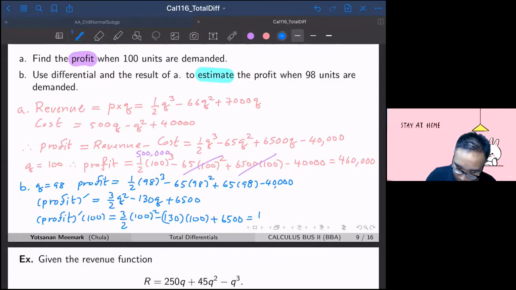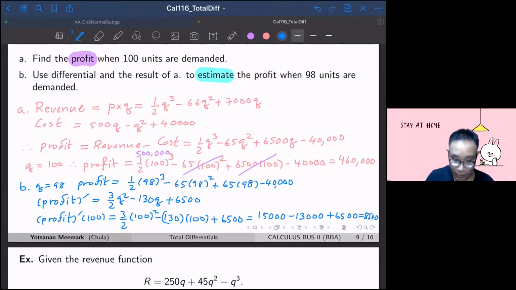So it's going to be 15,000, and it's going to be minus 13,000. See, I don't have to use the calculator.